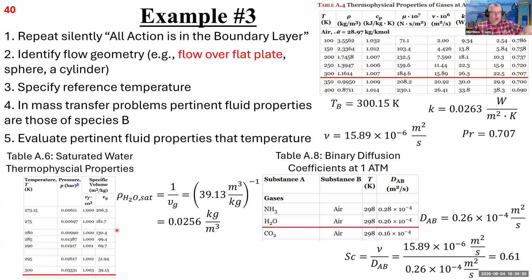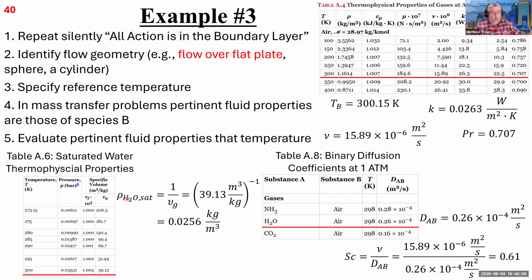We also have to evaluate how much water vapor is in the air once the air gets saturated. For that, we have to go to the saturated water tables for thermophysical properties. At 300 Kelvin, the specific volume for water vapor, not water liquid, at 1 atmosphere is 39.13 cubic meters per kilogram.